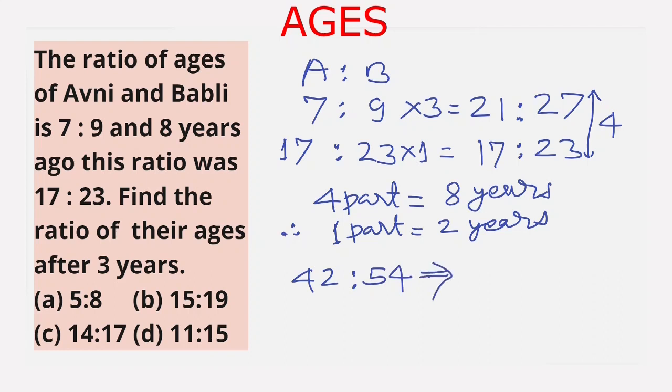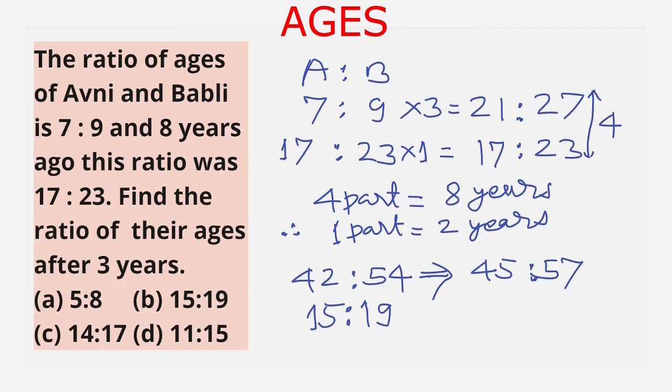So we add 3 to both the numbers. 42 plus 3 is 45, the age of Avani after 3 years, and 54 plus 3 is 57, the age of Bubbly after 3 years. This is 45:57, and we can divide this by 3 to get 15:19, as 3 divides 45 fifteen times and 3 divides 57 nineteen times.